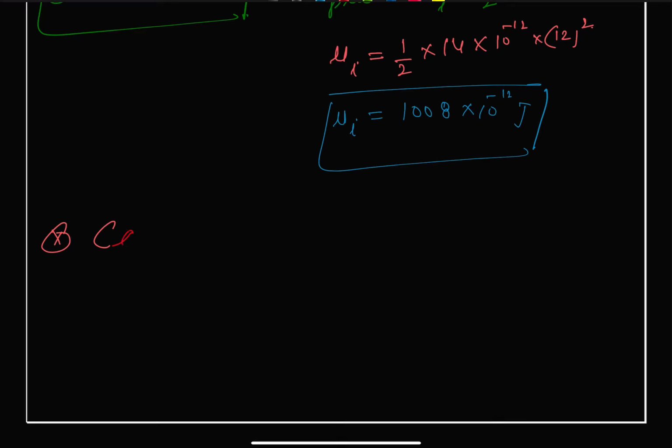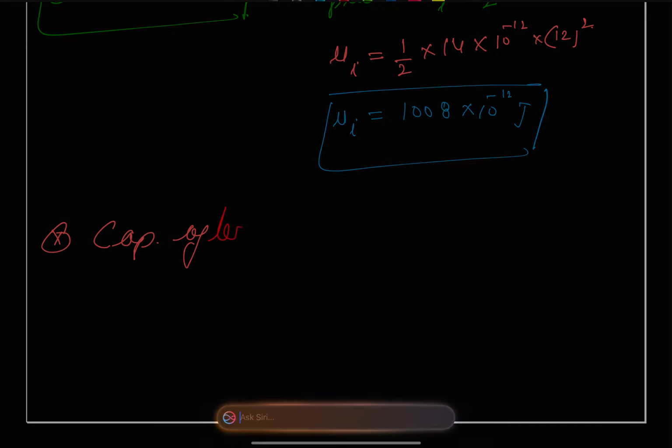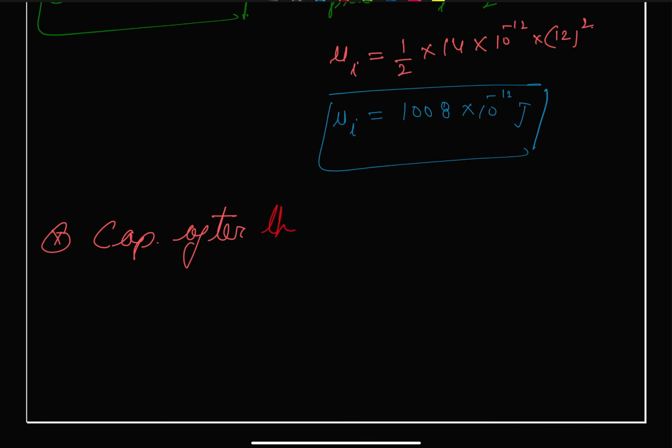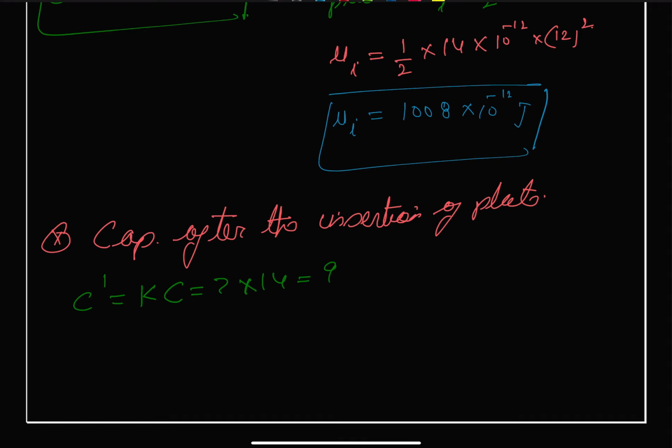Capacitance after the insertion of plate, let us suppose that is C prime, which will be equal to K multiplied by C. K is given to us as 7. 7 into 14 giving us 98 picofarad, or we can say 98 into 10 to the power minus 12 farads.